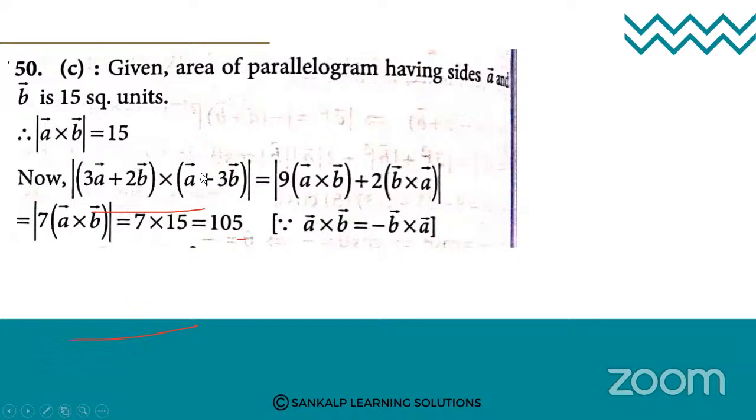So (3A plus 2B) cross (A plus 3B) will be equal to 9 into A cross B plus 2 into B cross A. On simplifying, we get 7 times the determinant of A cross B, which is equal to 7 into 15.